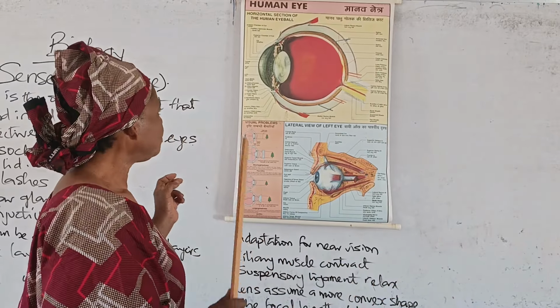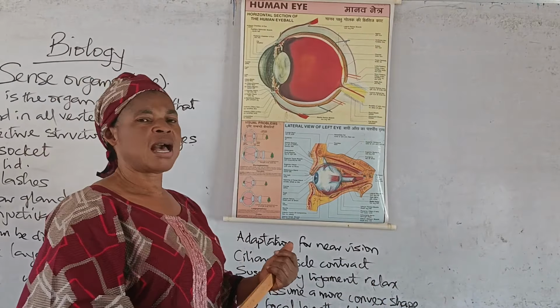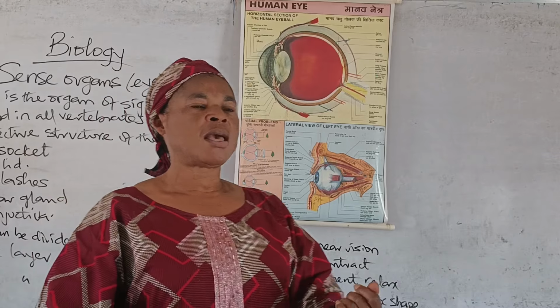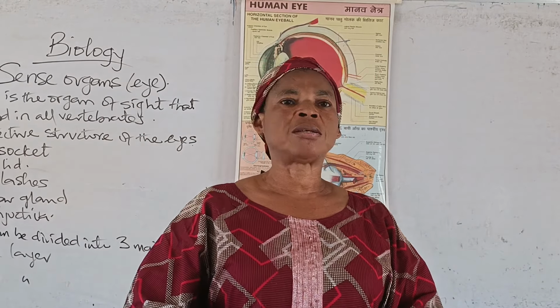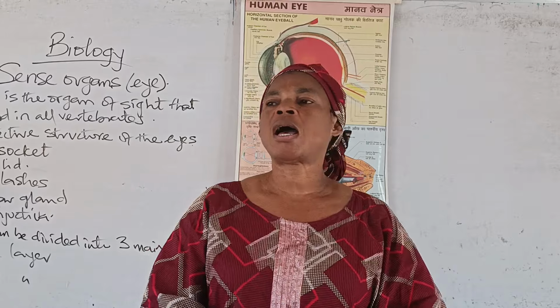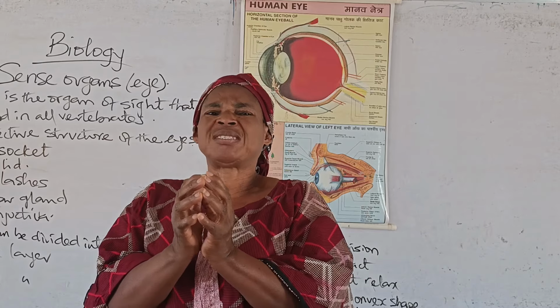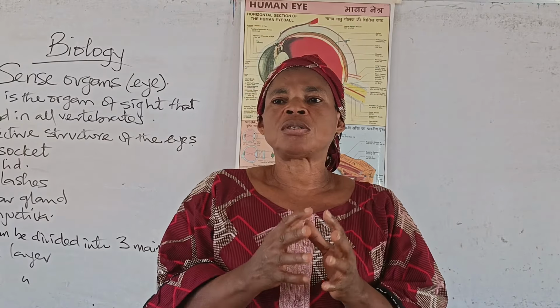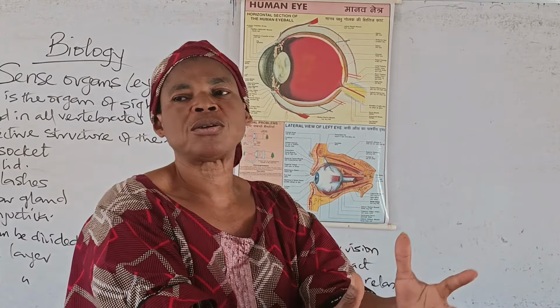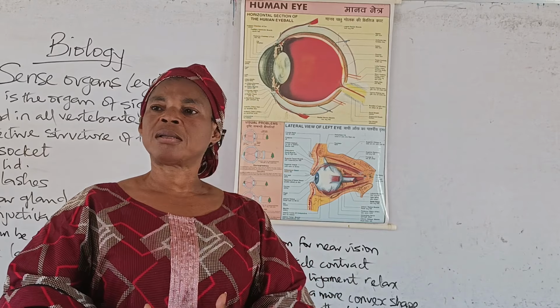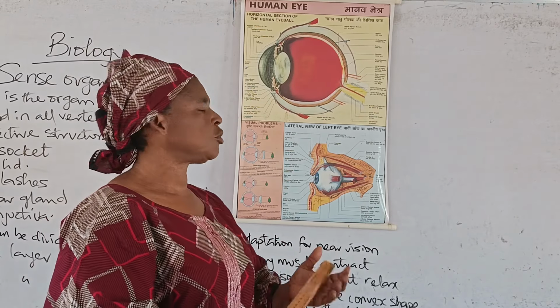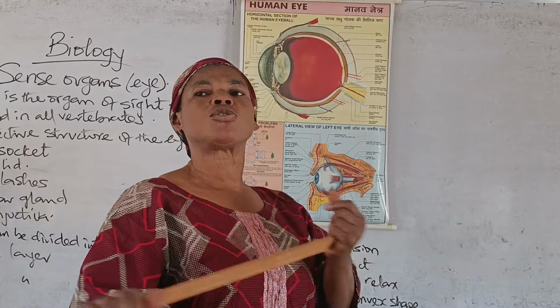So we have short-sightedness, and short-sightedness most times it may be due to the curvature of the lens. Maybe it is too convex. That means it's just like too thick, because the moment it is too thick, you cannot see things that are far. And then sometimes it is due to the eyeball being too long.